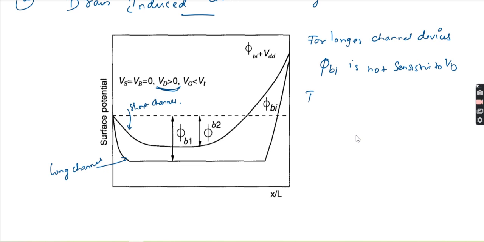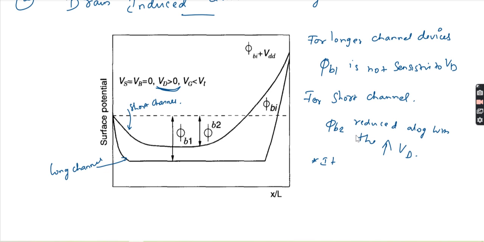For a short channel device, the barrier, phi B2, is reduced along with the increase in the drain voltage, which will cause higher subthreshold current.